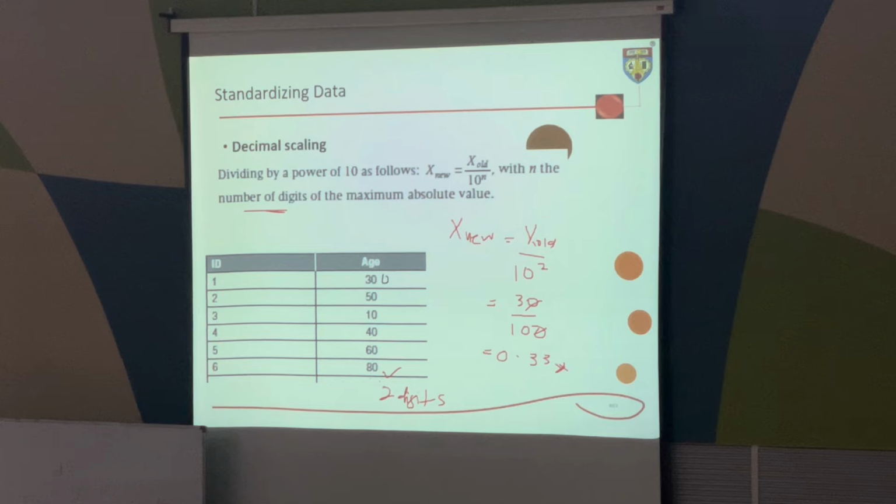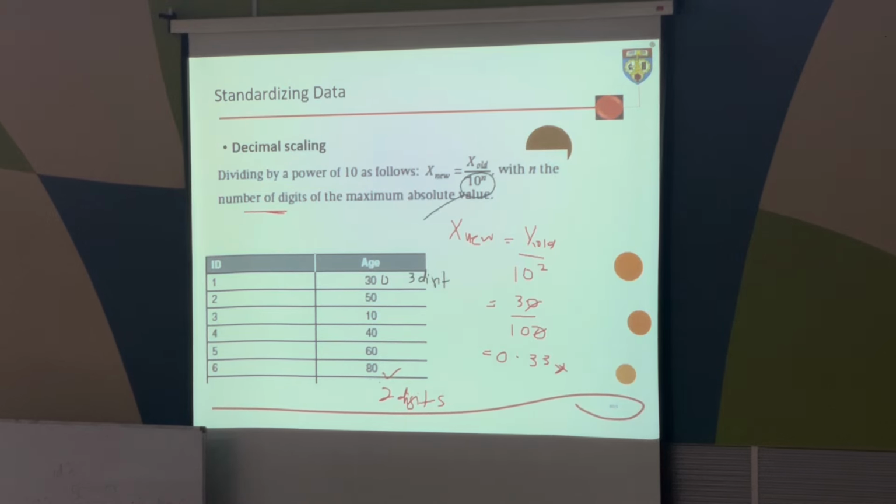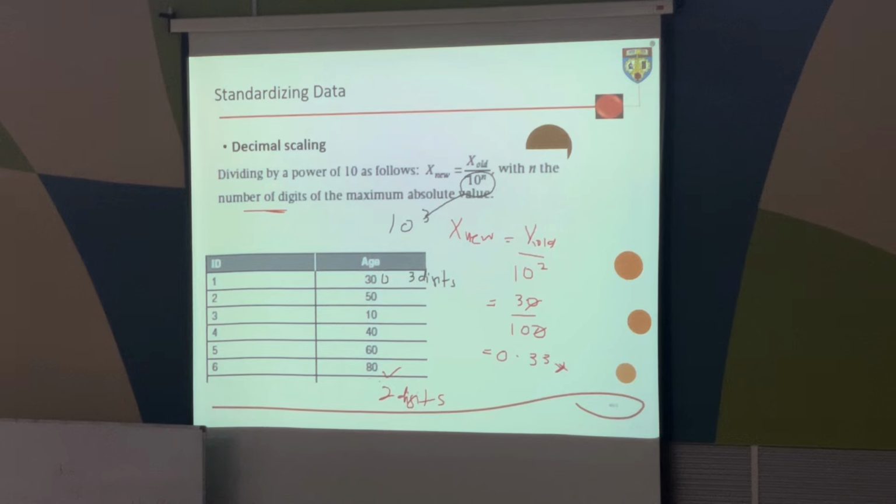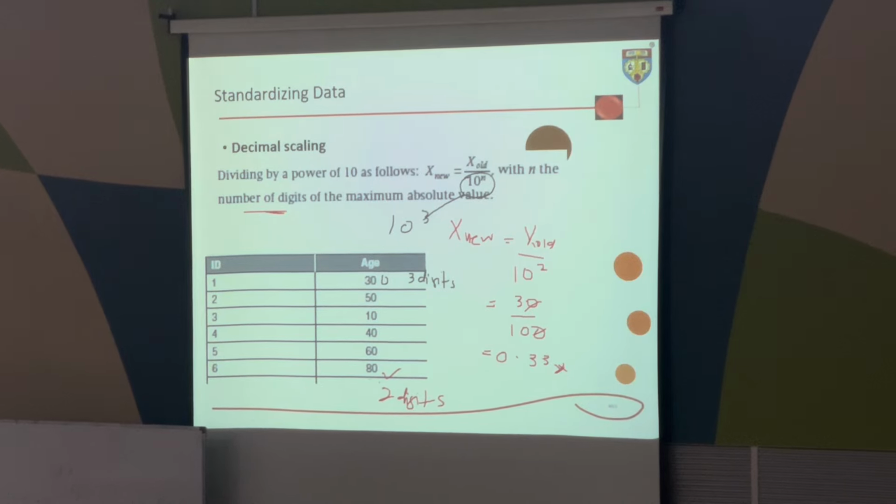Then your decimal scaling value will be different. In this case, you have 3 digits, so you divide by 10 to the power of 3. Again, n is the number of digits of the maximum absolute value.